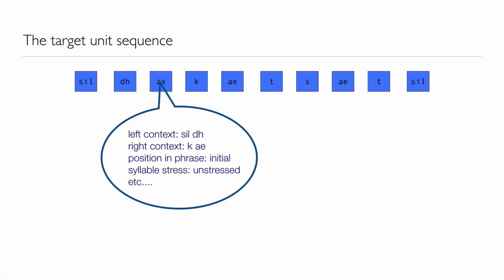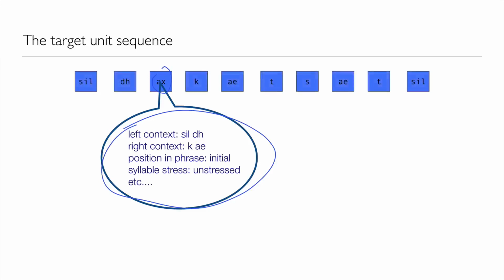So everything that we think might be important for affecting the way that this particular phoneme is pronounced in this particular environment. It's essential to understand that this information here is stored inside this target unit specification. We do not need to refer to its context to read off that linguistic specification.